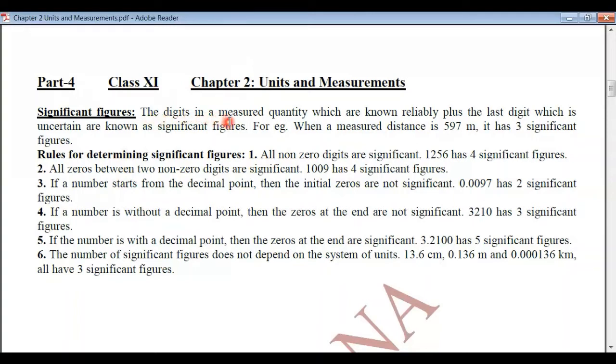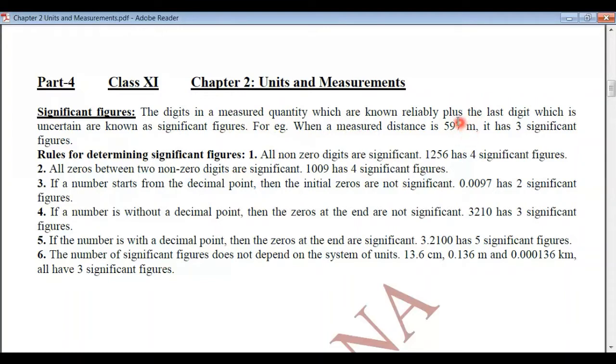Significant figures are the digits in a measured value which are known reliably plus the last digit which is uncertain. So together it makes the significant figures. Let's take an example. Let a measured distance is 597 meters. Here the first two digits 5 and 9 are certain, these are reliable, but the last digit 7 is uncertain.